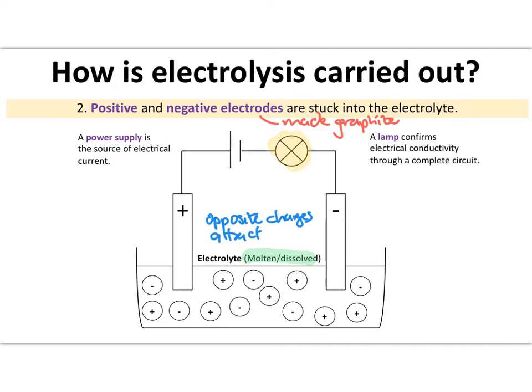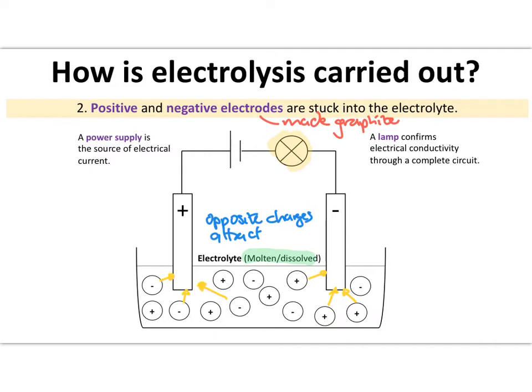This is a strong electrostatic attraction, and is one of the reasons why it requires a lot of energy to melt an ionic compound. So when we look at our ions, the negative ions are going to be attracted to the positively charged electrode, and the positive ions are going to be attracted to the negatively charged electrode.